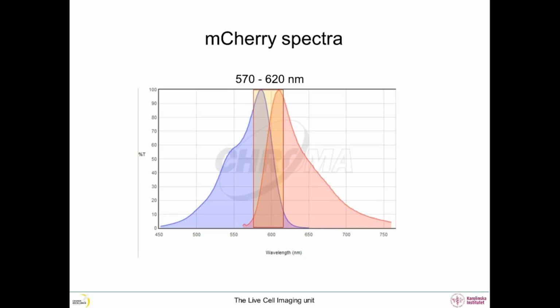Thus the 570 to 620 filter works well for TRITC, but it collects less than 50% of the light emitted by mCherry. Always check your emission filters before choosing a fluorophore. This problem is especially frequent for red and far red fluorophores, as their emission spectra vary greatly.